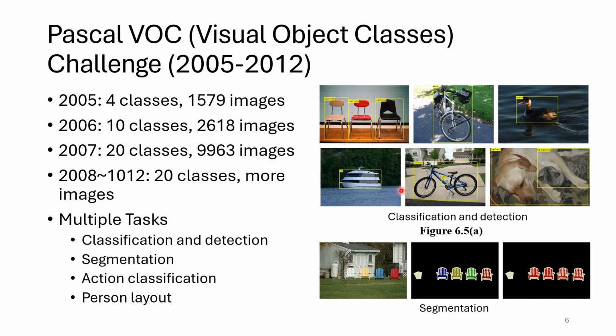And the second is segmentation. Segmentation means, given an image with some chairs on it, they want not only to localize the location of the chair, they want to know pixel by pixel which pixel belongs to the chair and which pixel belongs to the background.